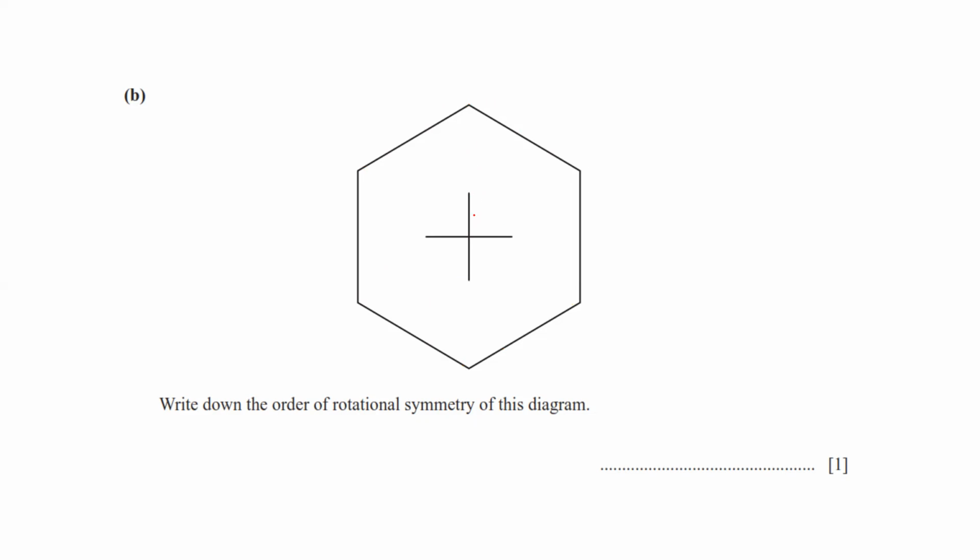If I rotate this plus sign by 90°, the whole hexagon rotates and remains the same. Then if I rotate it by a further 90°, it again remains the same. And if I do a complete 360° rotation, it would be the same.